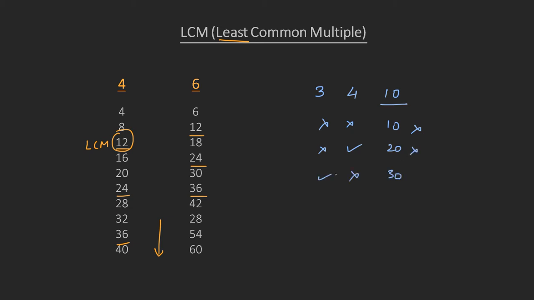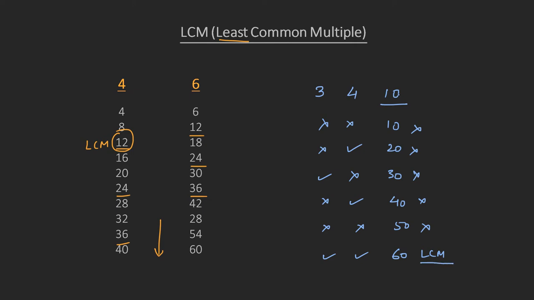Similarly, 30, 40, and 50 will also fail the test because they are not divisible by both 3 and 4. But the next multiple, 60, is divisible by both. And so, 60 is the LCM. We just check to make sure it is a common multiple, and because we have tried every multiple of 10 before that, we know it is the least common multiple, or the LCM.